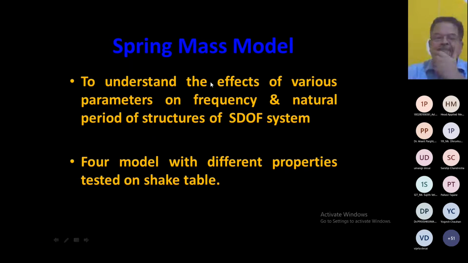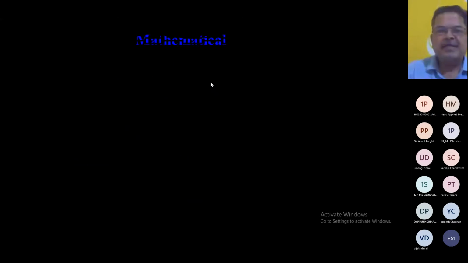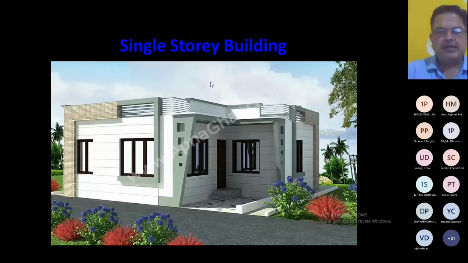So we have developed a spring mass model. Now this spring mass model, basically it is a single degree of freedom system, right? So we are knowing that in this case a heavy mass is located at the top, right? Heavy mass, and it is supported on a wall.